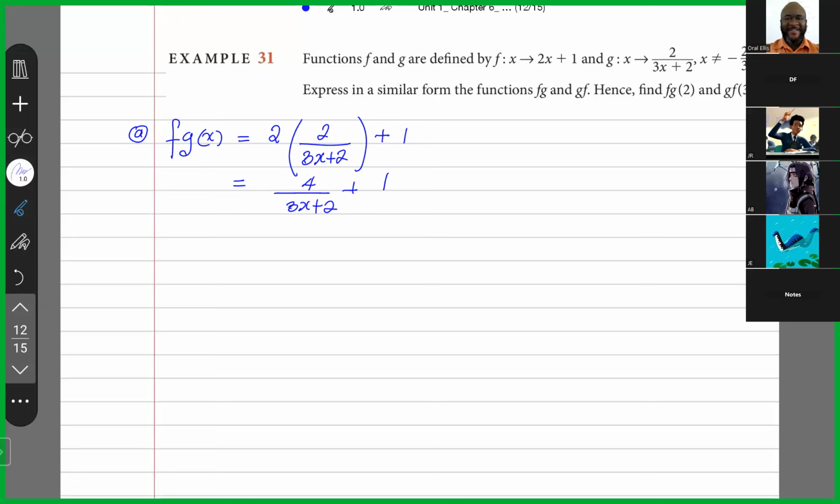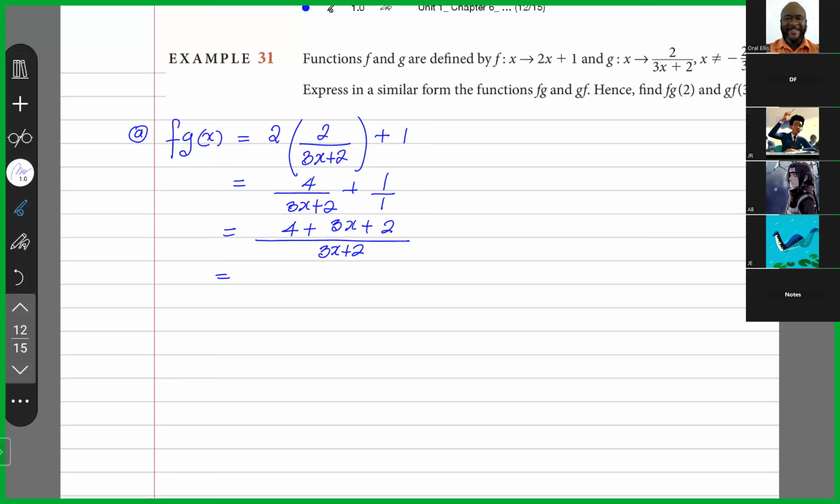I'm guessing we could leave it like that, but let's make it into a single fraction. 3x plus 2 into 3x plus 2 is 1. 1 times 4 is 4, plus 1 into 3x plus 2 is 3x plus 2. 3x plus 2 times 1 is 3x plus 2.